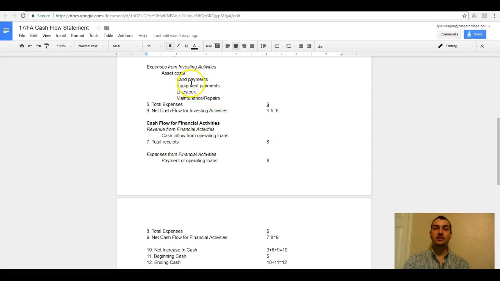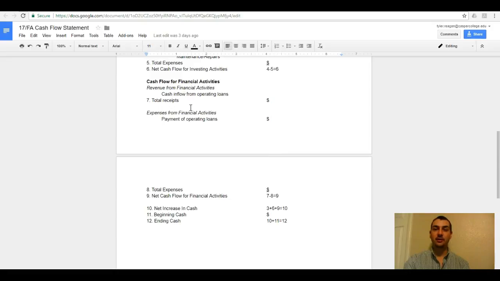Those actually go under investing activities because land and equipment is an investment. When we deal with cash flow from financial activities on a farm or ranch, we're often dealing with operating loans. So an operating loan is a temporary or maybe a 1-year loan, possibly a 2-year loan, that goes to pay for the operating expenses of the farm or ranch.